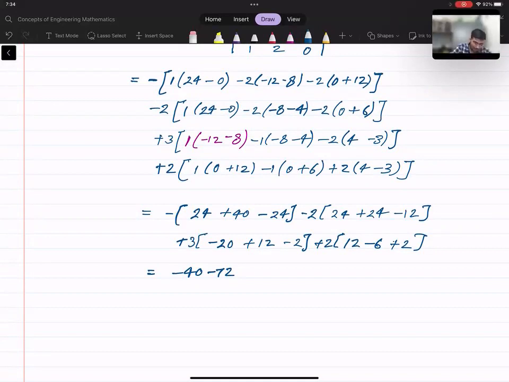Minus 10 into 3 is minus 30, and then we have 12 minus 6 is 6, plus 2 is 8. 8 twos are 16, so this is 16. So this value comes out to be minus 126.